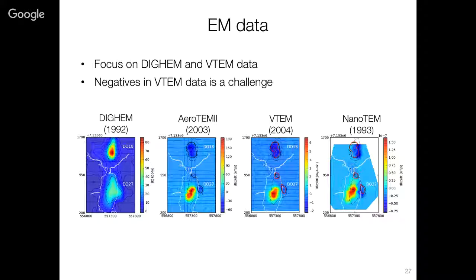It's a bit harder. In fact, this was our stumbling block here for DO18. The very earliest time channels were negative, and that kind of really destroyed our ability to extract a conductivity from that. But we were able to get conductivity from the DigEm data.